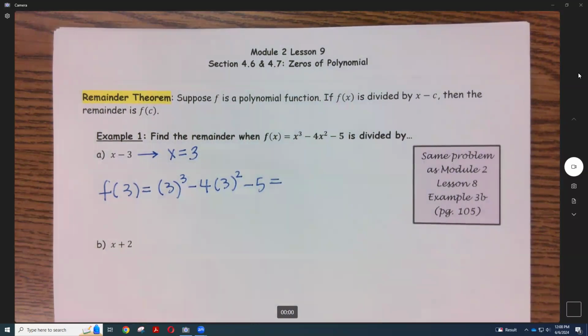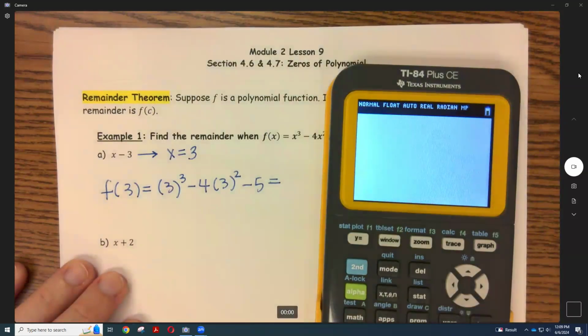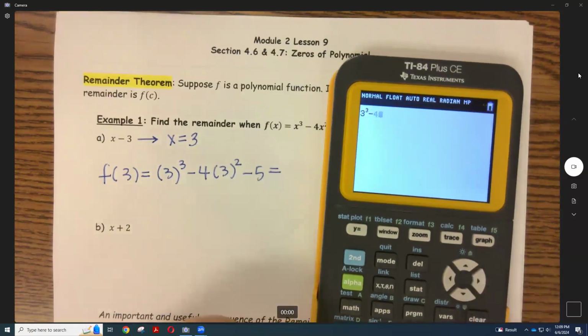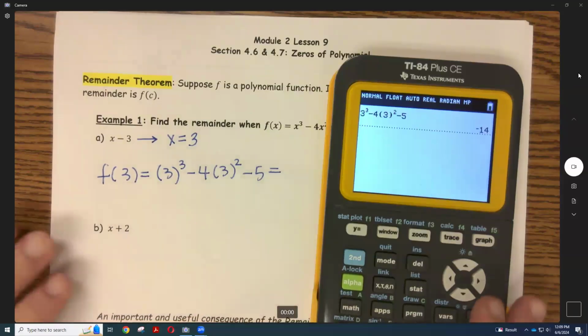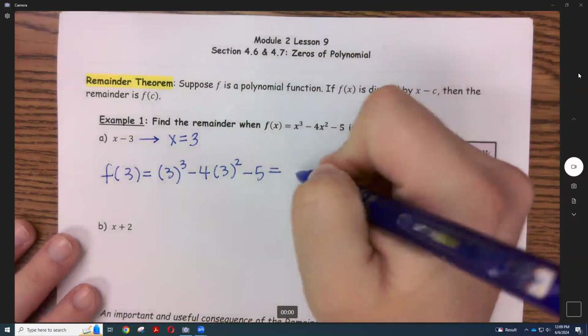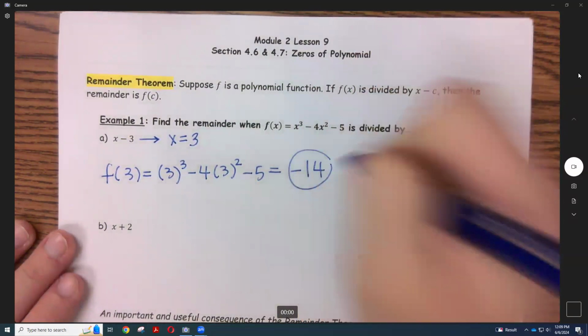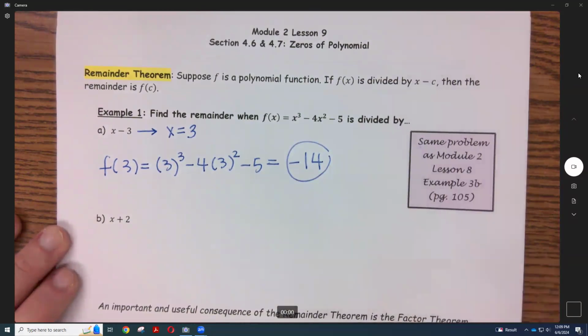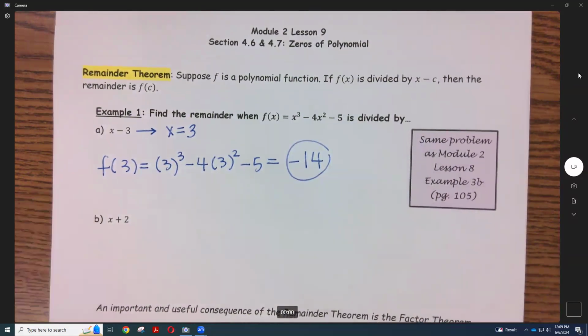So we'll put this in our calculator. And we have 3 cubed minus 4 times 3 squared minus 5, and we get negative 14 as the remainder. Now I have a note right here. This is the same problem as Module 2, Lesson 8, when we did example 3B on page 105.